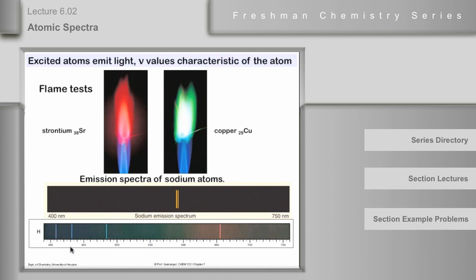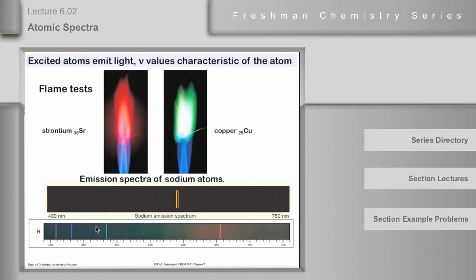Another one might be 432. Another one is up here above 480. And then there's one up here at 650 something. I can't really read that scale. And that set produces, to our eyes, kind of a bluish pink coloration.